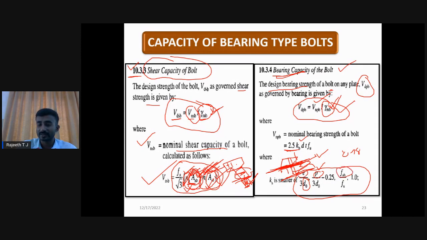Also, Fub by Fu, where Fub is the ultimate strength of the bolt and Fu is the ultimate strength of the plate, and 1.0. Out of these, whichever is least, we take as the Kb value. Here d is the diameter of the bolt, t is the thickness of the thinner plate, and Fu is the ultimate strength of the material, which is nothing but the plate. So these are the two strengths we should calculate while calculating the capacity of a single bolt.